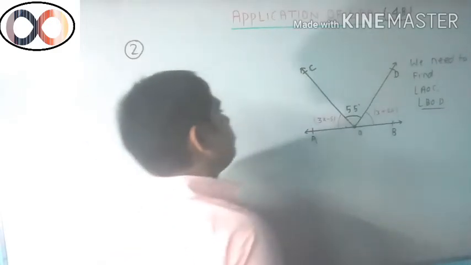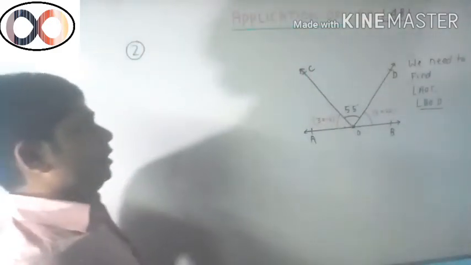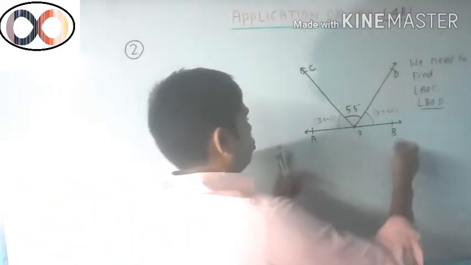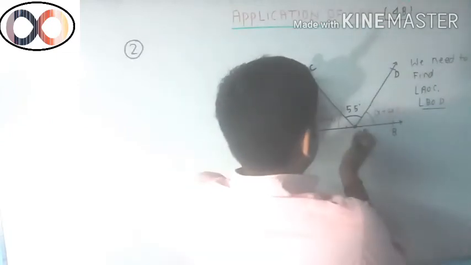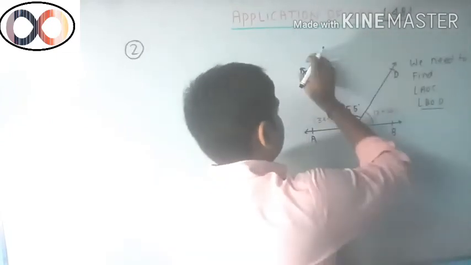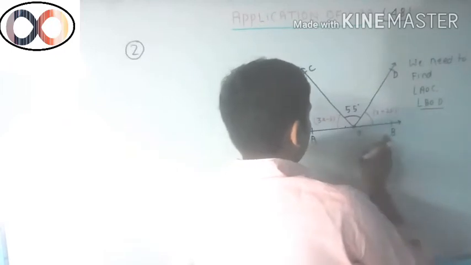Okay, so let's apply the concept of LPA. This is the straight line and this is the ray. So ray OC stands on line AB.